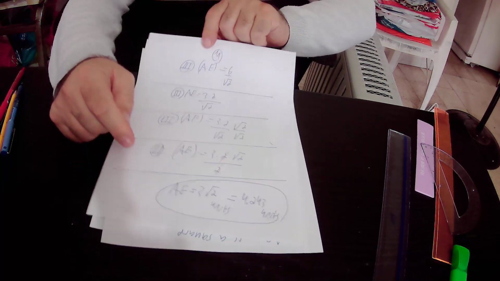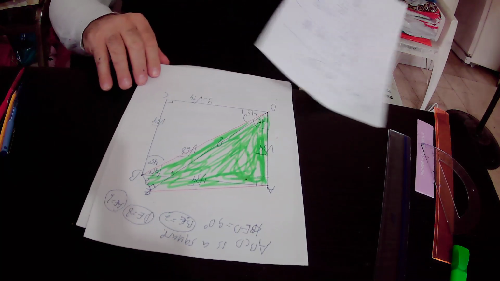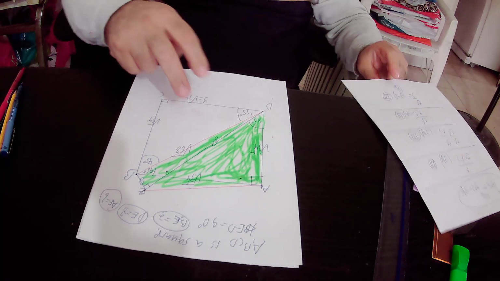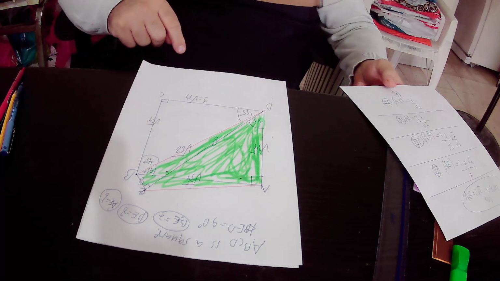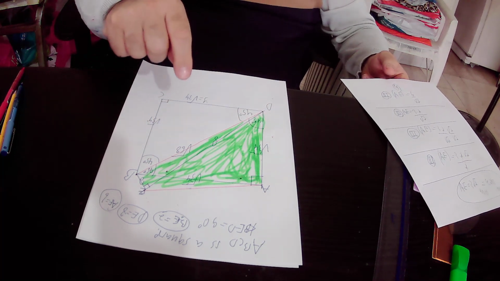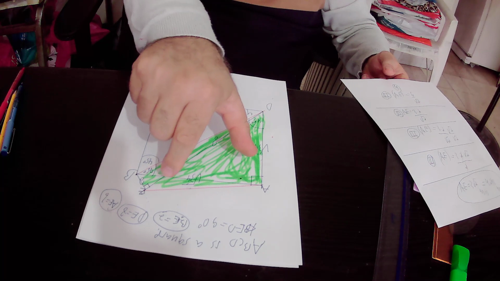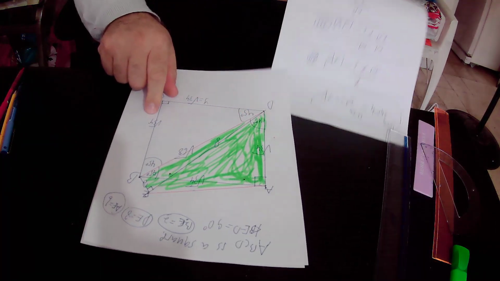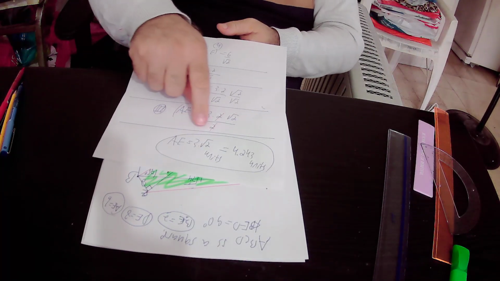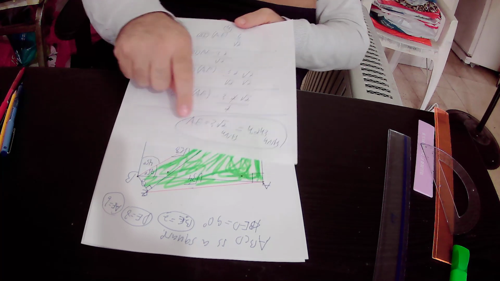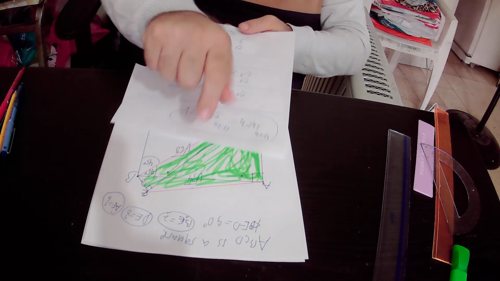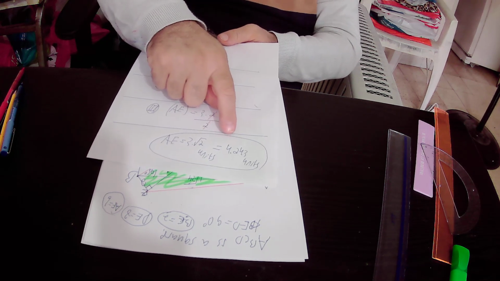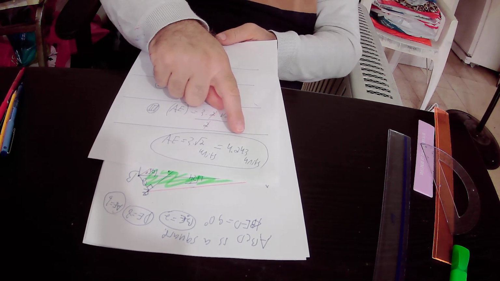So I'll repeat again. The size of line segment AE, this line segment in red, equals either 3 times the square root of 2 units, or in terms of numbers, 4.243 units.